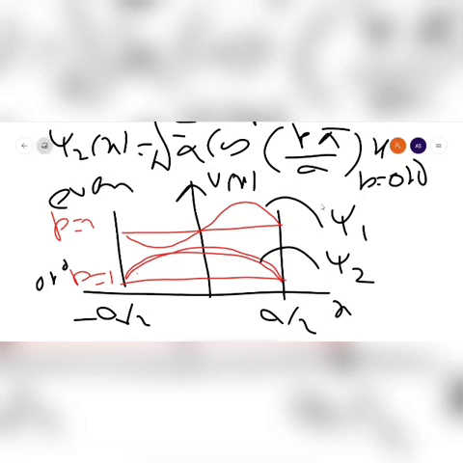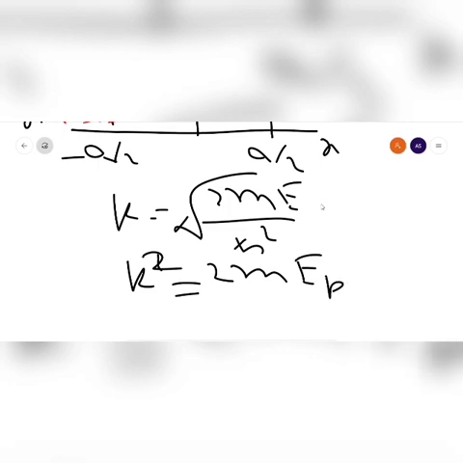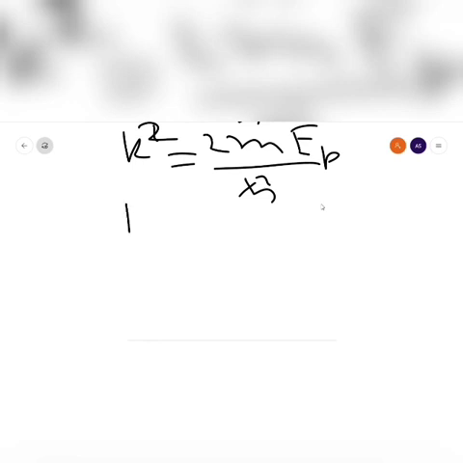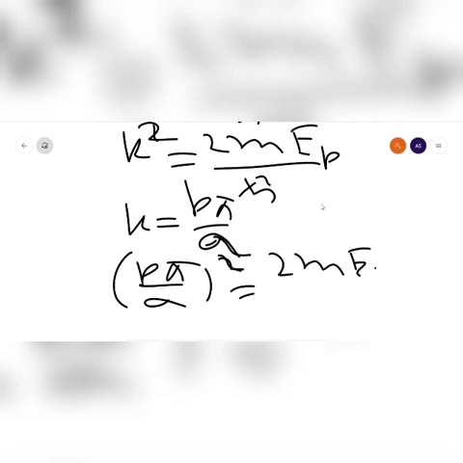It means, what about the energy? You know the energy: k is equal to under root 2mE divided by h cut square. You can write E is equal to h cut square k square by 2m, where k is equal to p pi by a. It means that h cut square (p pi by a) square by 2m.